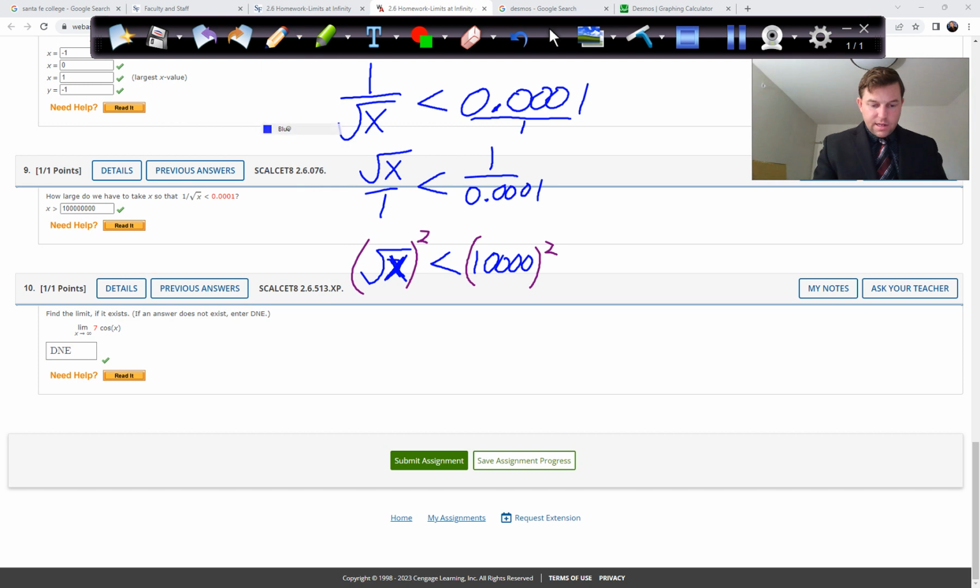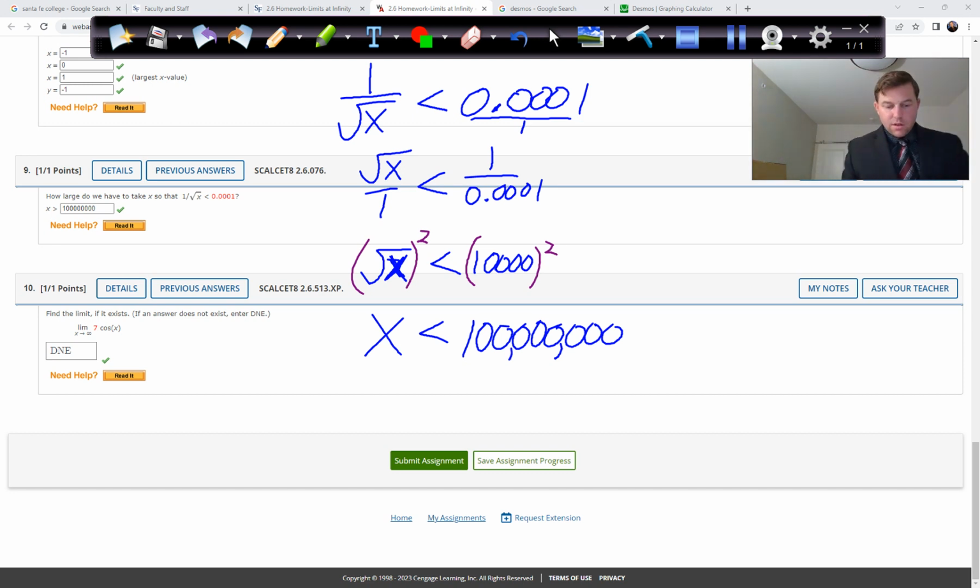So we're going to get x has to be larger than 10,000 squared, which is 1 with 8 zeros. Let's count: 1, 2, 3, 4, 5, 6, 7, 8. It's 100 million. So if x is 100 million and we take 1 over the square root of x, our answer should be smaller than 0.0001.